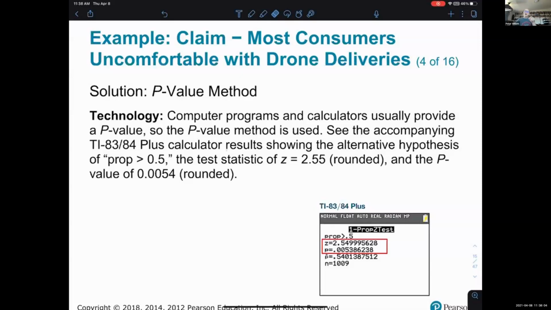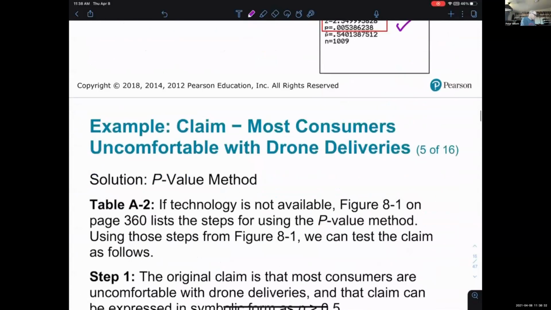And as we saw in the first section, what they are highlighting from the technology is two things: the test statistic, which in this case is a z-score because we're using a z distribution, and the p-value that we've been talking about. The p-value is right there. Computer programs and calculators usually provide a p-value, so the p-value method is used, and that's why I'm emphasizing that. And we'll get the same thing from StatCrunch.